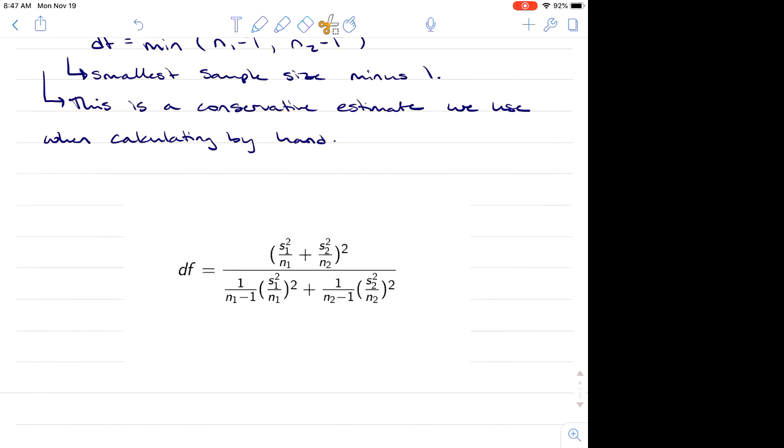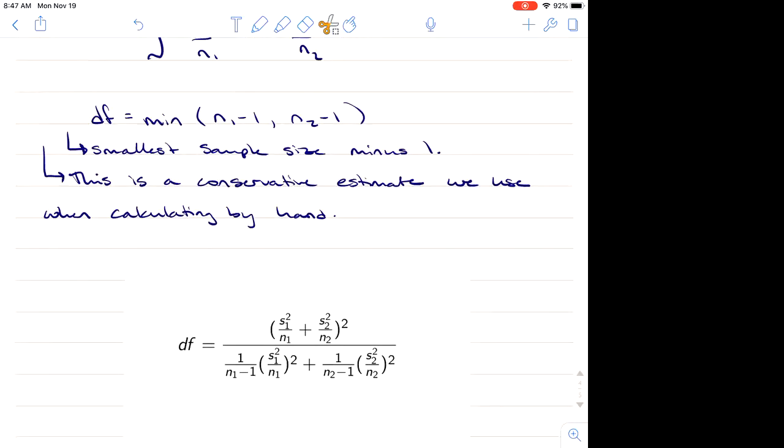But when we do these calculations, R is going to do this. Obviously, it's a computer. And so you'll have slightly different degrees of freedom, and their degrees of freedom will be quite a bit higher than ours. But like I said, we're just using this very conservative estimate of the smallest sample size minus 1.